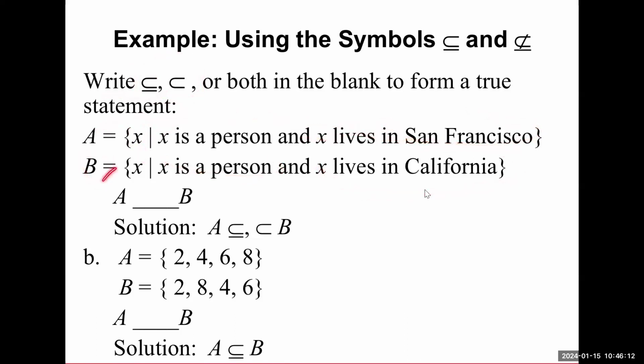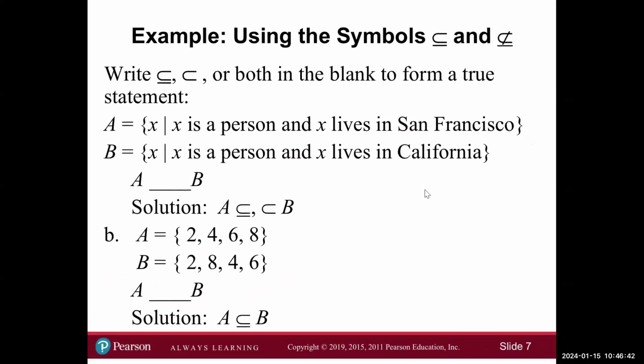So for this we can have both solutions: A is a subset of B, or A is a proper subset of B. For the next one, A is 2, 4, 6, 8 and B is 2, 8, 4, 6. So A is a subset of B.